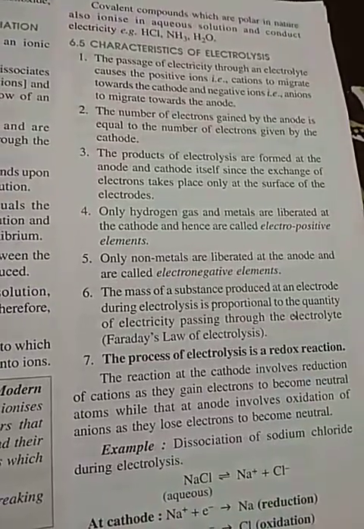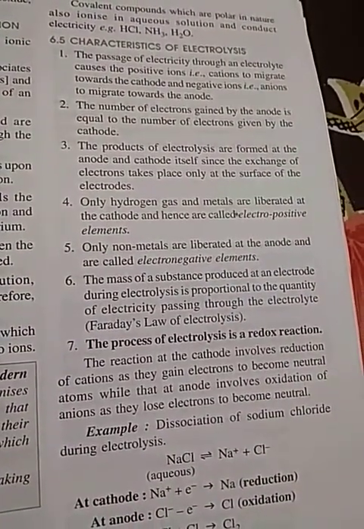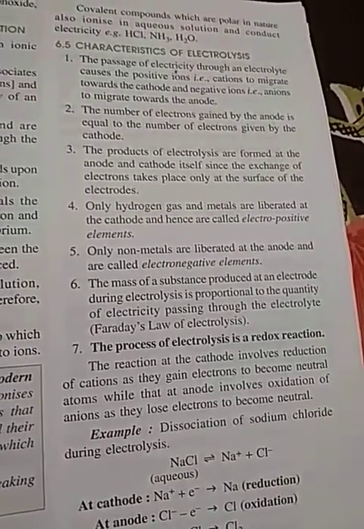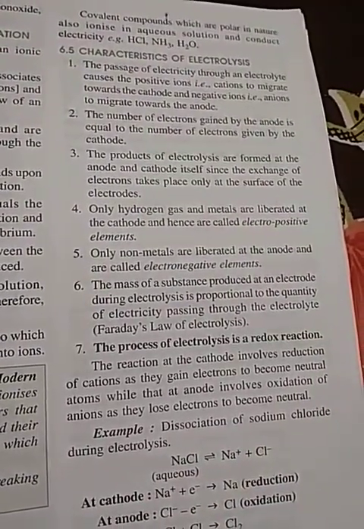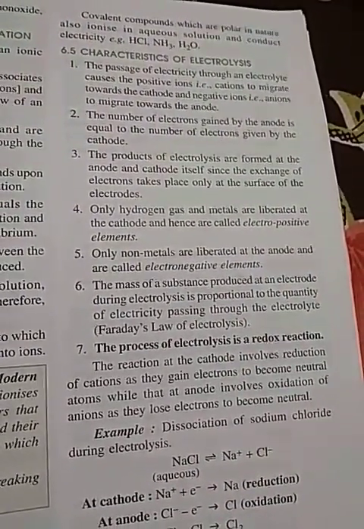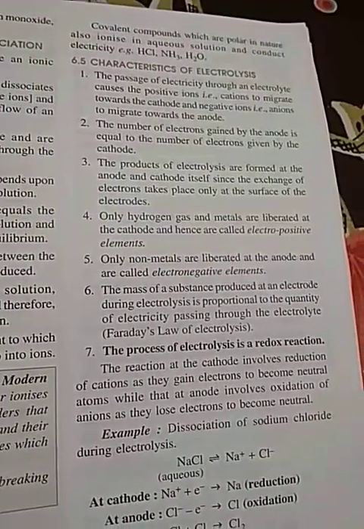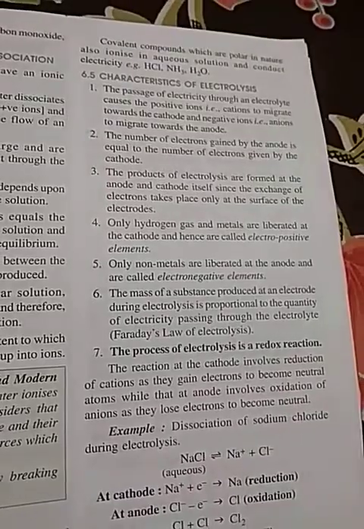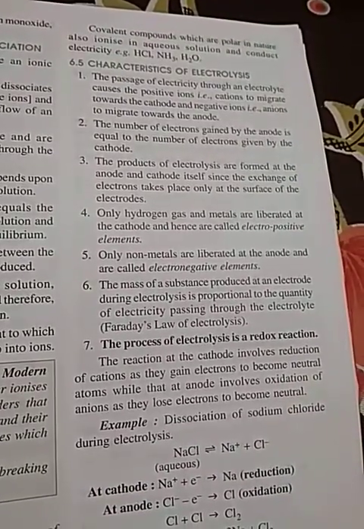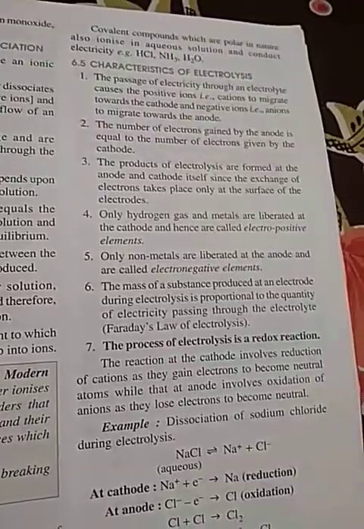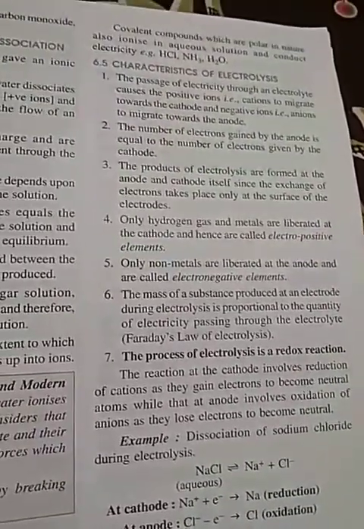But non-metals, which are also called electronegative elements, gain electrons, migrate towards the anode and are discharged at the anode. They lose whatever electrons they have gained at the anode.